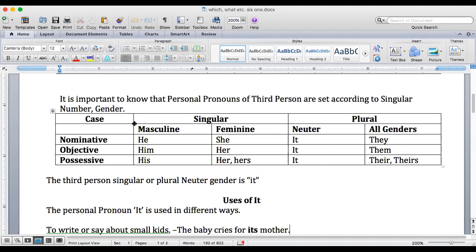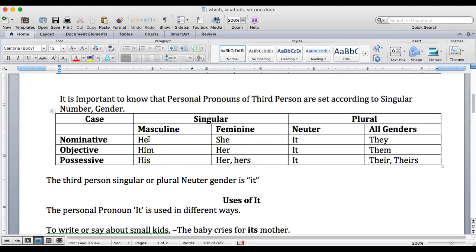So we have masculine he, him, and his. Him is objective case and possessive is his bag, his pen. And for the feminine it is she, her, hers. That is for a lady. We say she or her, hers. So masculine and feminine are different.